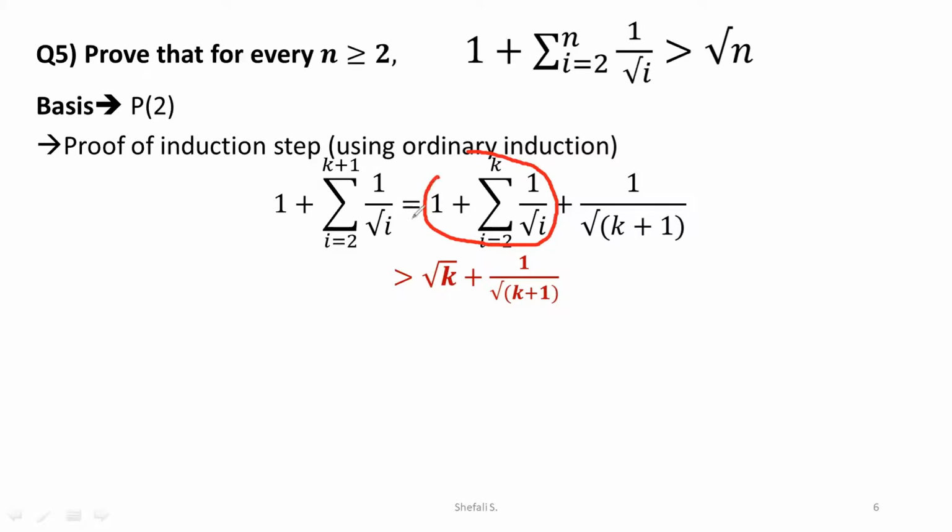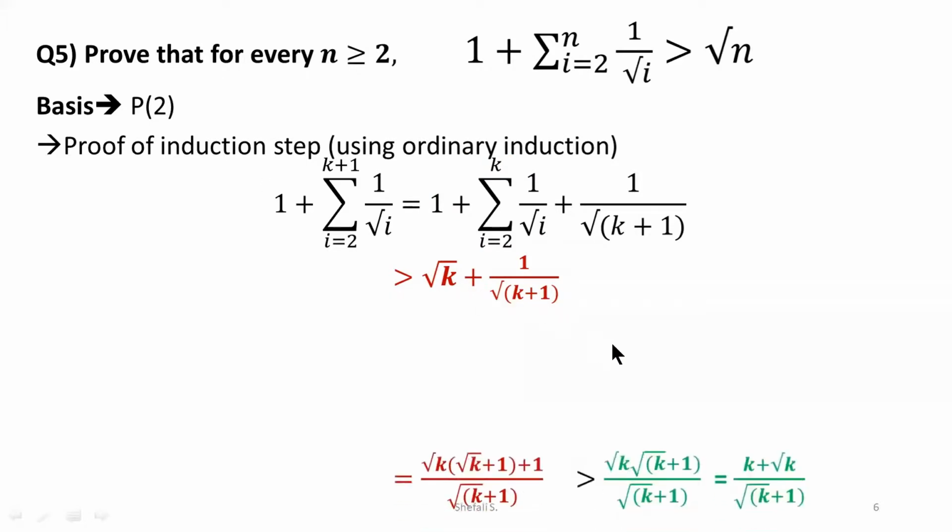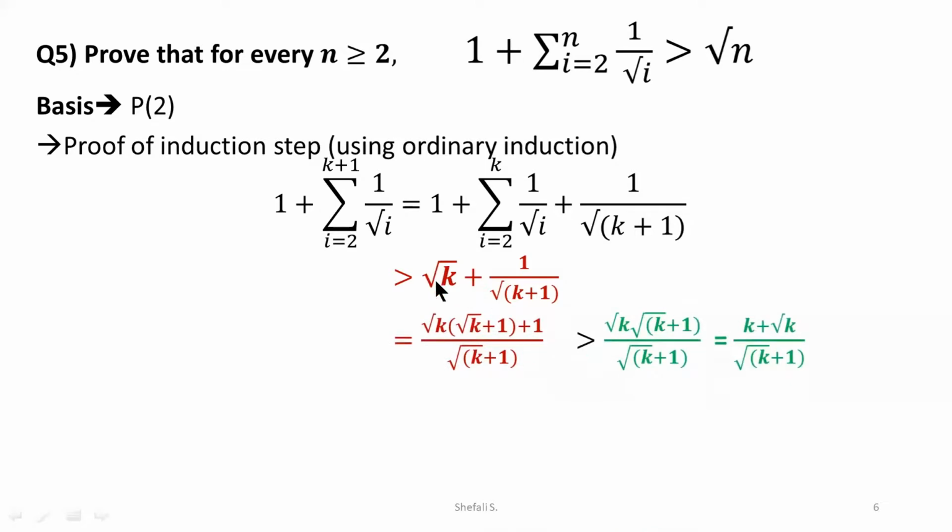While the equality sign was maintained earlier, this particular term is greater than root k. So we have to maintain this relation. With this relation, if I move further, I can use the very next term, that is root k plus 1 upon root k plus 1.